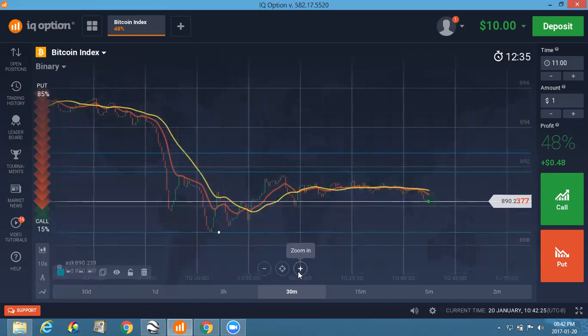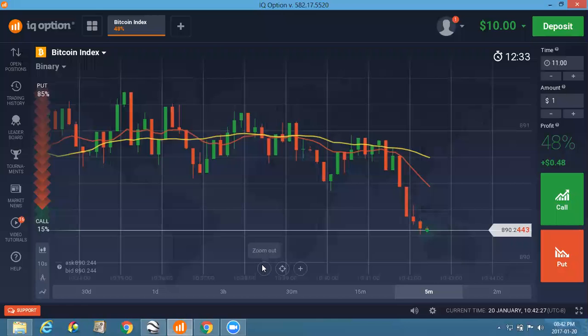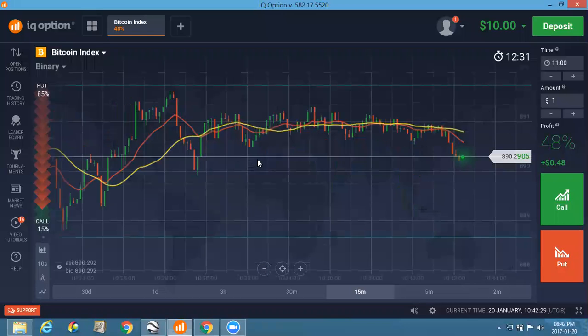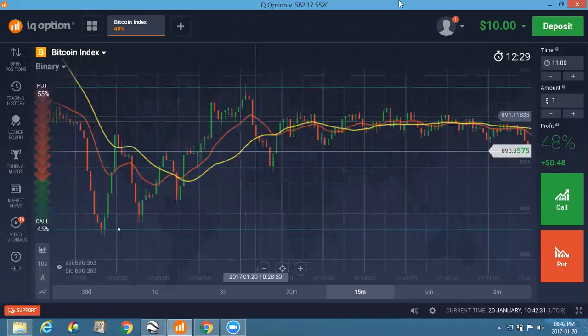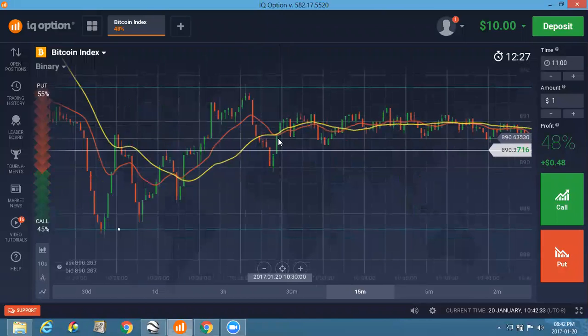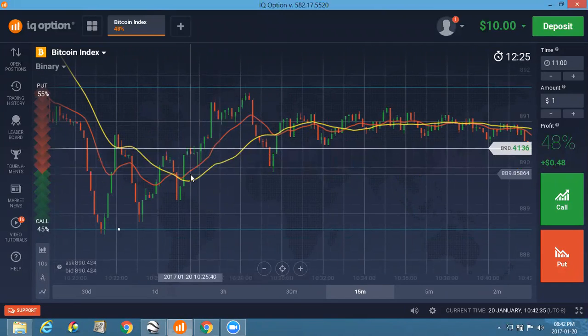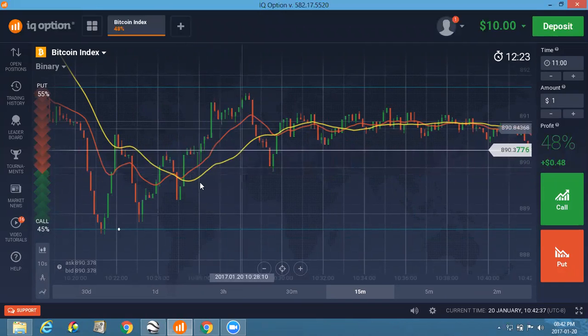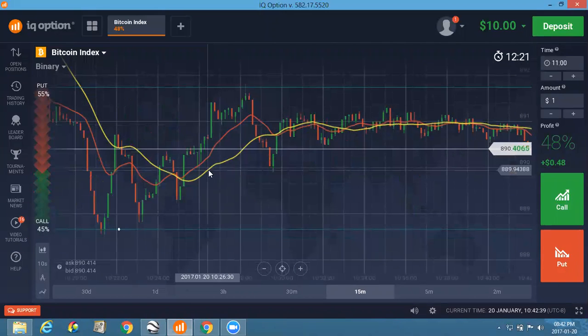Now, before I even continue, this is what you look for. When the EMA, which is the red line, the 14 EMA, is above the SMA, which is the yellow line, we're only looking for buy opportunities.